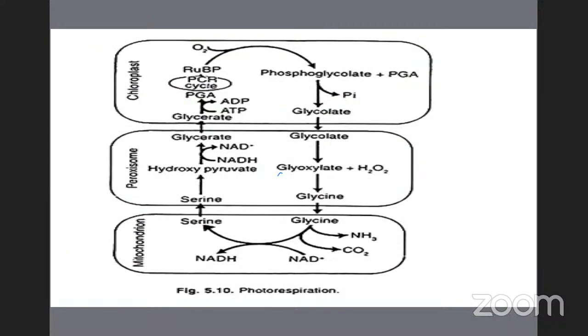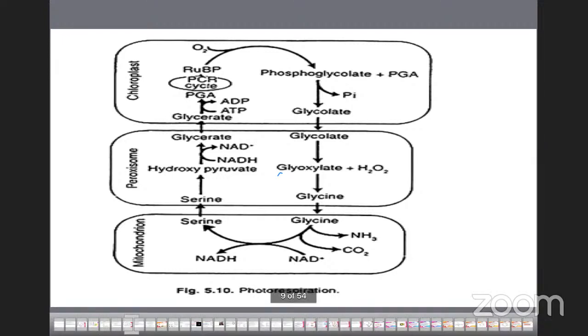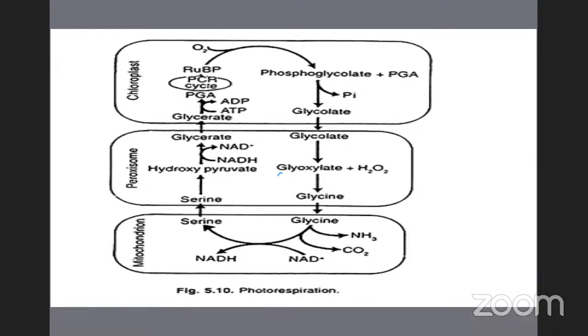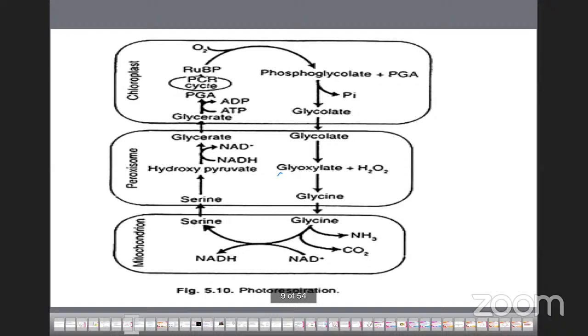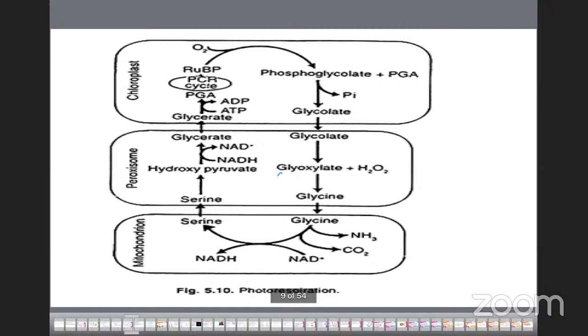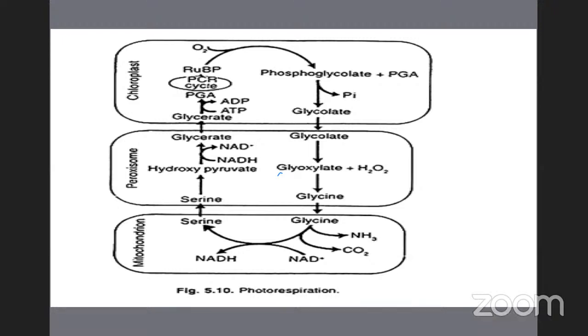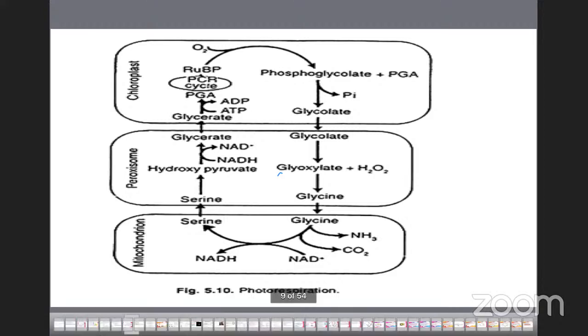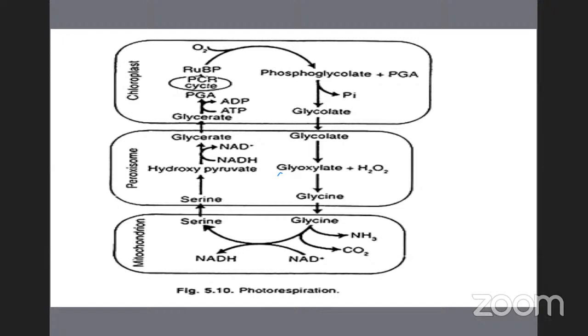The next, here the changes are exhibited in separate cells. In chloroplast, oxygen is combining with the RUBP, resulting in the formation of phosphoglycolate, and this turns into glycolate, and this glycolate diffuses into peroxisomes, and glycolate by adding the amino group turns into glycine, and glycine diffuses into mitochondria.